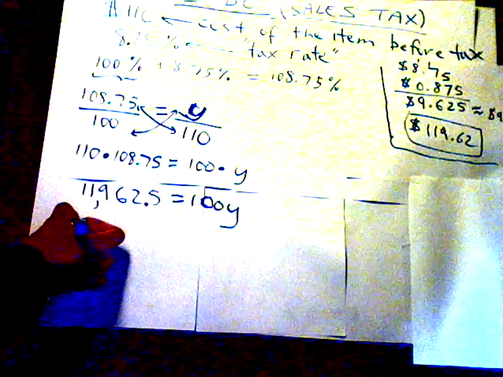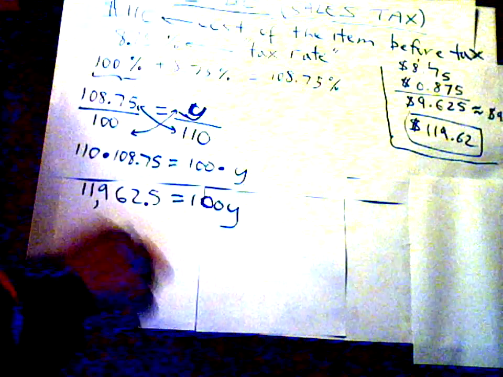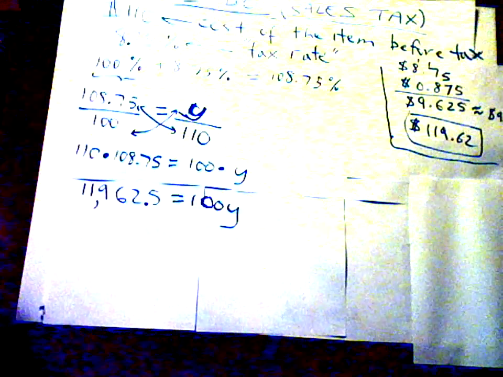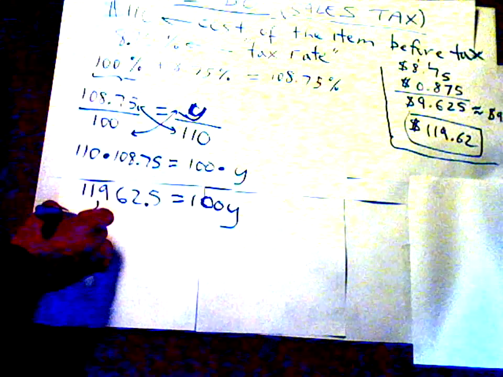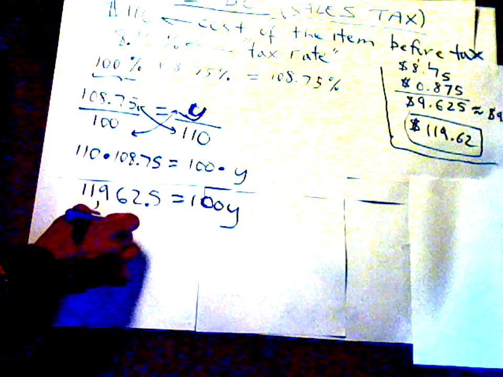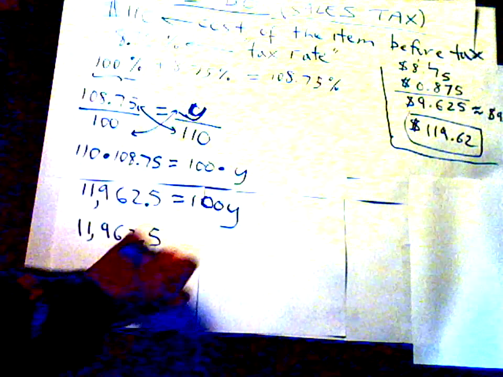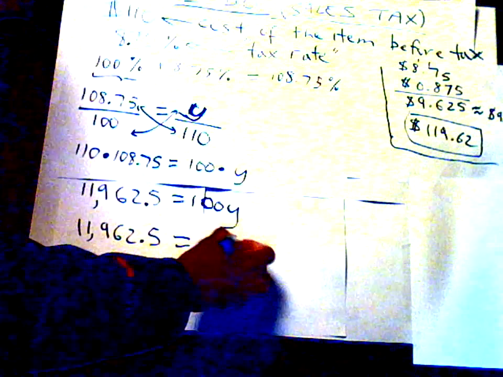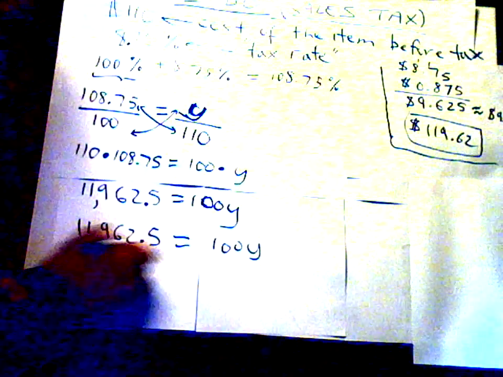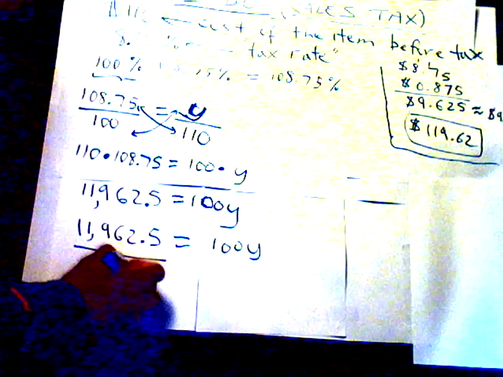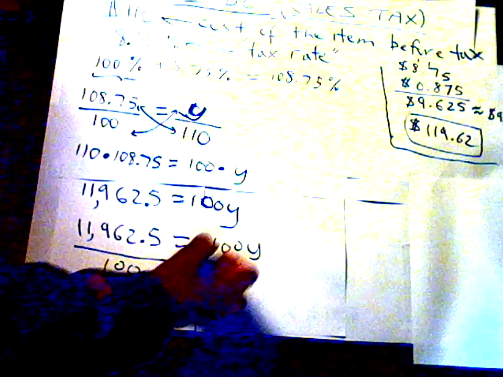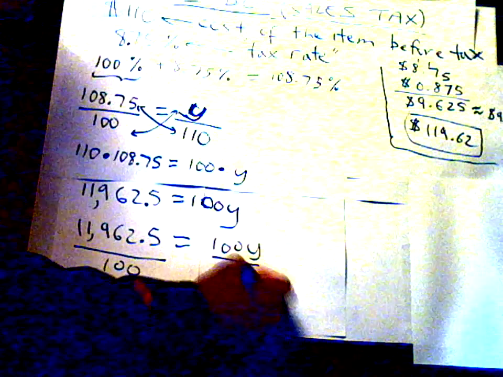Okay, and so now what's the next step? The next step is I need to divide both sides by 100. And so I divide this side by 100, and I divide this side by 100.